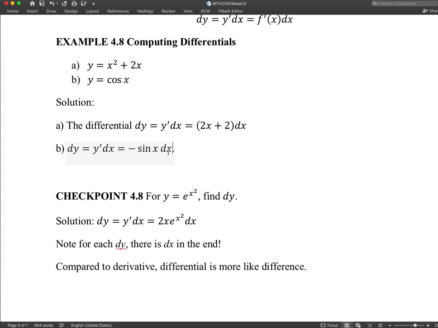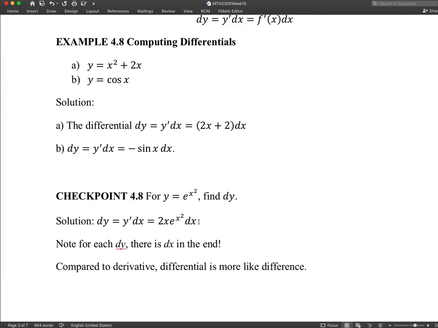You cannot drop that. Okay, so if you really want to make sense of what a differential is, it is about derivatives, but it is more like the term of difference. A differential should be considered as a very tiny change, an infinitesimal change.